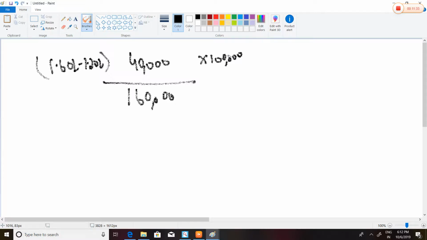This is the unrealized profit on this inventory. If you compute this, it comes out to be rupees 25,000, one fourth of 1 lakh.